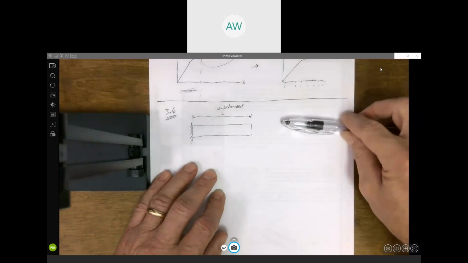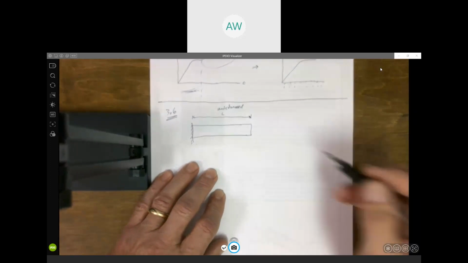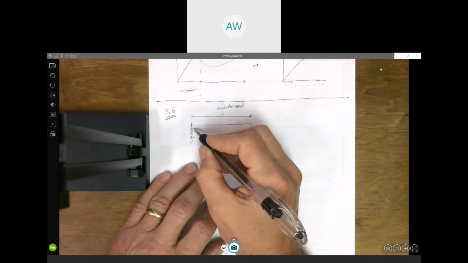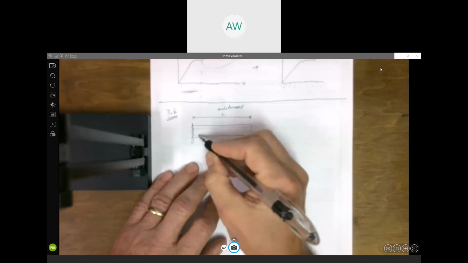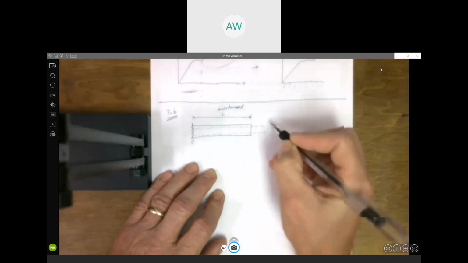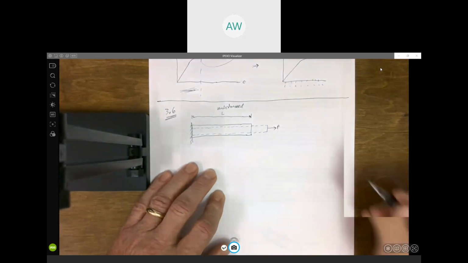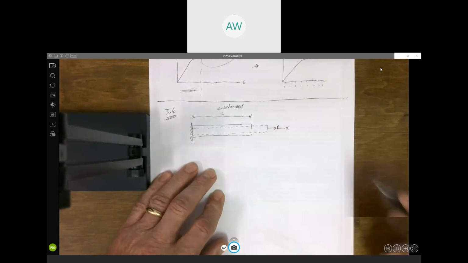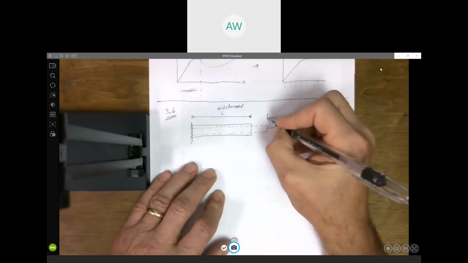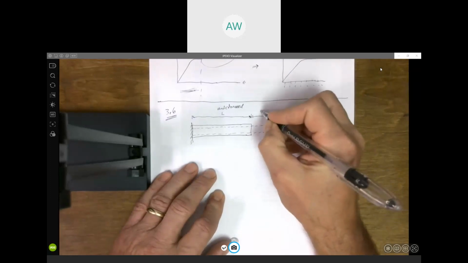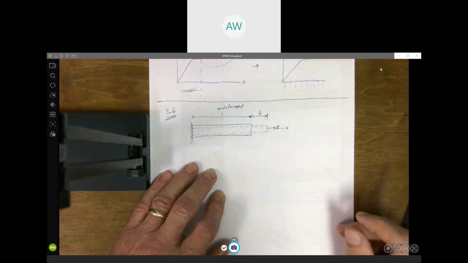Well, if we apply a force and we pull on this thing in tension, it's going to stretch. It's going to get longer. So our deformed member, we apply some tensile force P to this thing, and this is what we're going to call the x direction, the longitudinal direction. It's going to stretch some distance, delta L, or I'll just call it delta here, whatever notation you prefer.